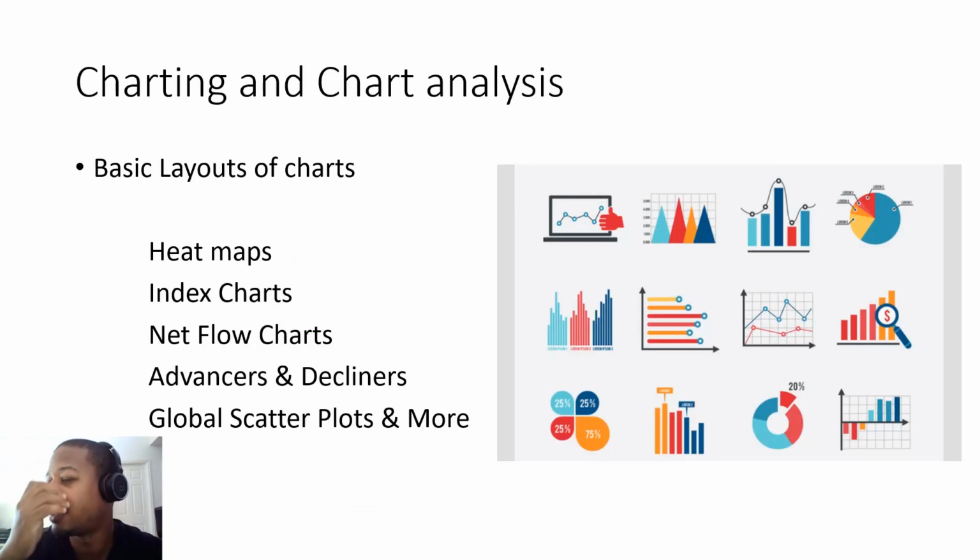Alrighty. So let's talk about charting. Basically, in charting and chart analysis, there are a few basic different layouts of charts. And as a matter of fact, I might be able to pull some up here for you so you can take a look at them. We'll do it in a second. There are different types of charts. There are heat maps, index charts, net flow charts, advancers and decliners, global scatter plots, and plenty more.